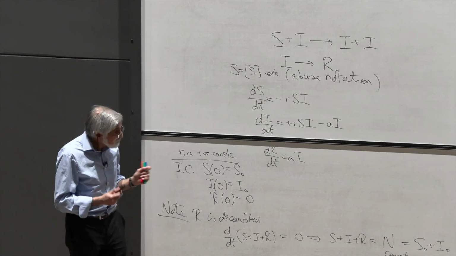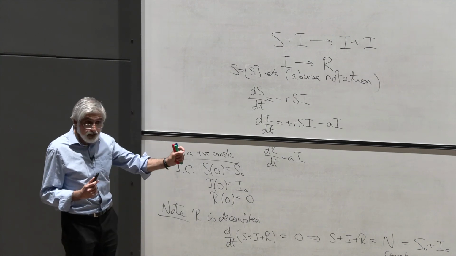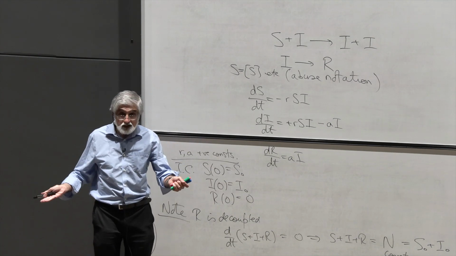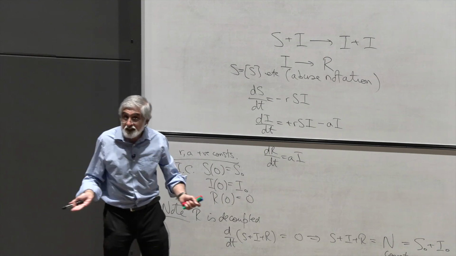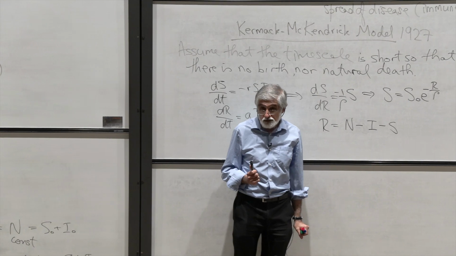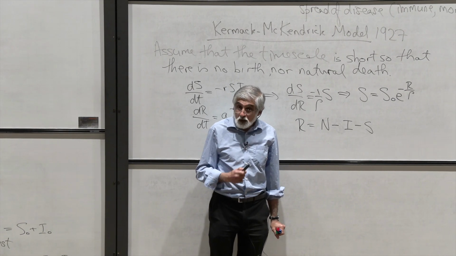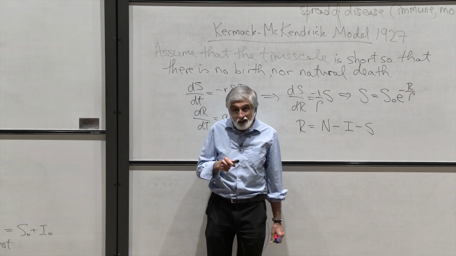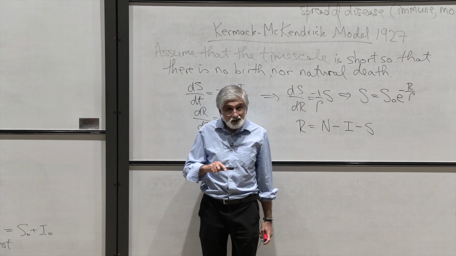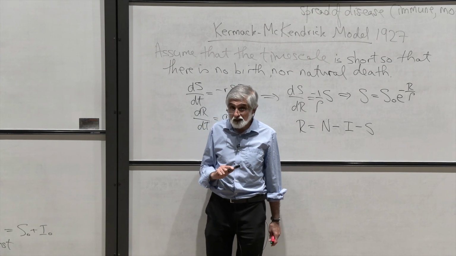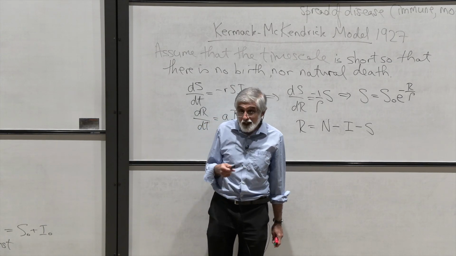Now, a lot of people say, when they're doing this, oh, S and I are populations, and therefore they can't be negative. Well, that's wrong, because how do you know that your model stops I and S from becoming negative? Maybe you've got a very bad model.